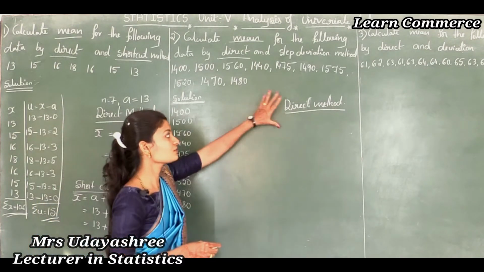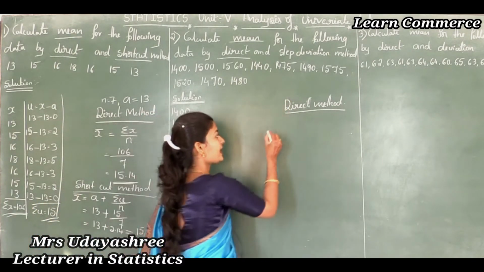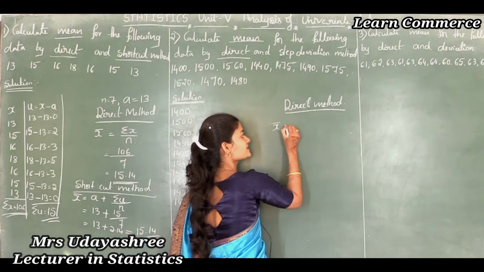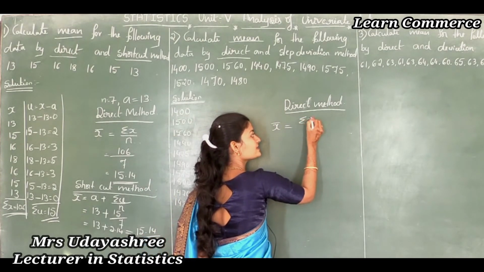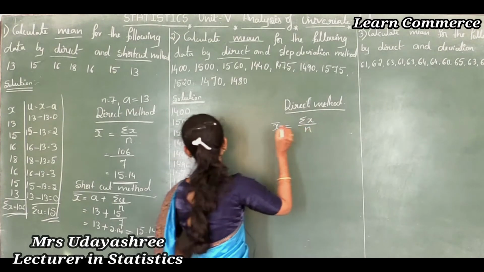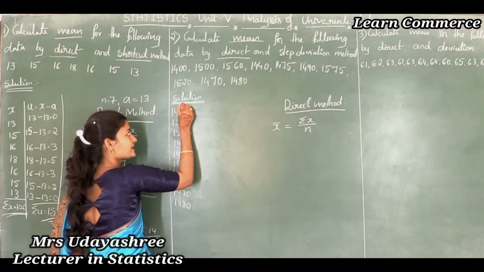To calculate the mean in the direct method, the formula is x bar is equal to the sum of x divided by n. Here the given observations are x observations.